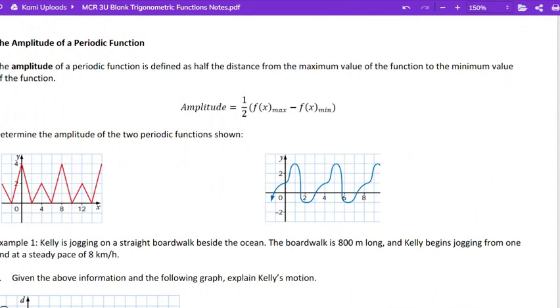How many people did not take physics here? Okay. I keep referencing it, and that might not be fair.